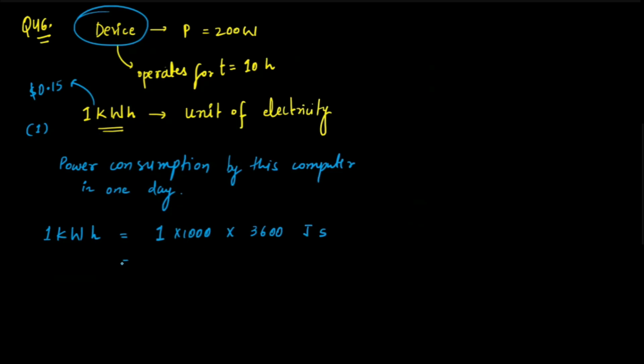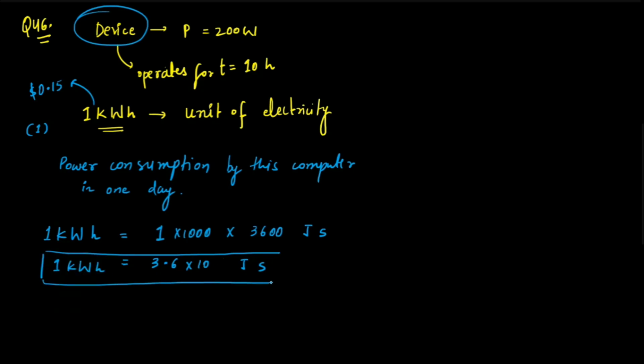So 1 kilowatt hour of energy is equivalent to 3.6 times 10 to the power 6 joules. This is the first thing that we need to understand.